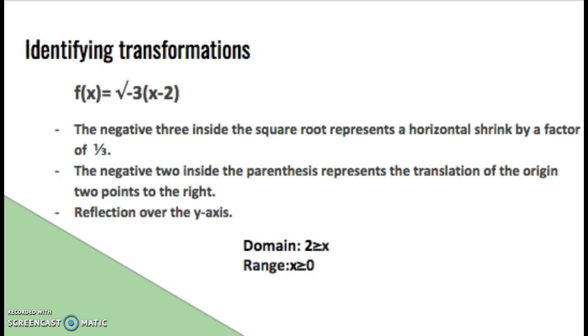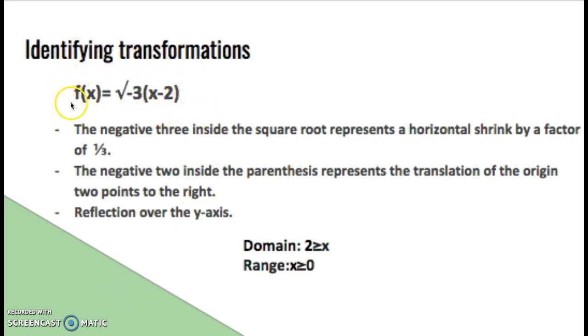If there's a negative that is being multiplied by the x or the y, it's going to be a reflection. And if it's a factor that is being added or subtracted to the x or the y, it's going to be a translation to the left, right, up, or down.